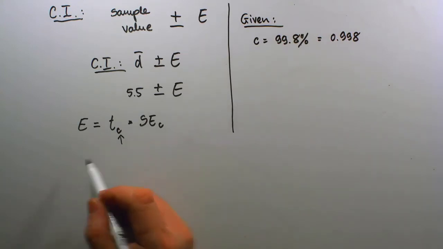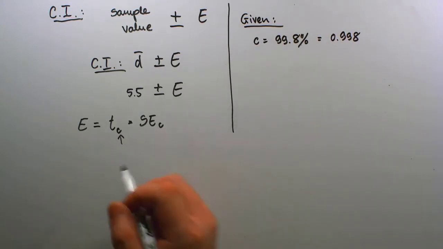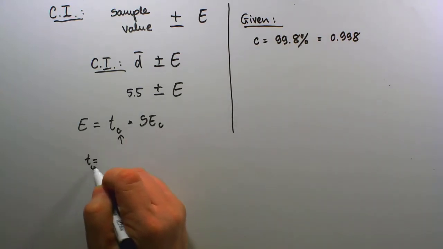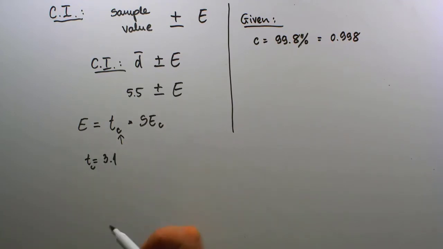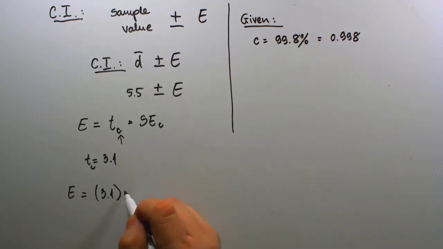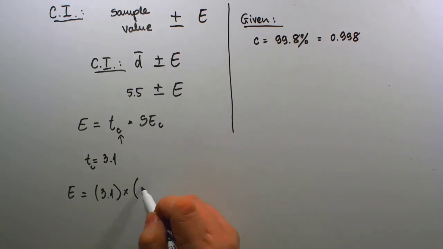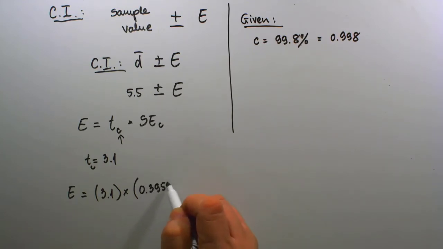And so now after we have found our T sub C to be 3.1, then our margin of error is ready to be completed. It's 3.1 for T sub C multiplied with the SEC that I have shown earlier, which is 0.3955.